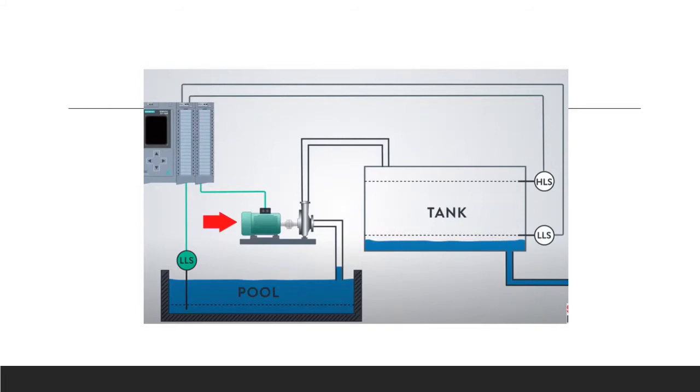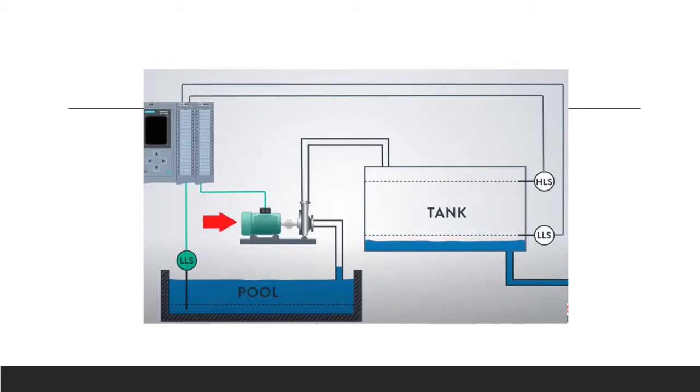The situation where the PLC itself will shut down is when there is no water in tank 1. When there's no water in tank 1 itself, the PLC will shut down immediately because there's no source of water. This will be when tank 1's low level switch does not sense any water.